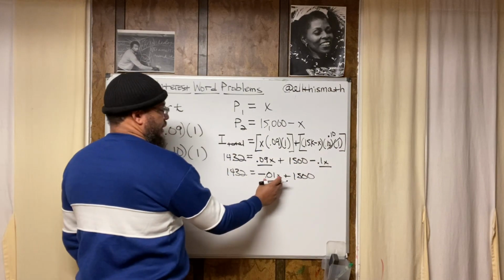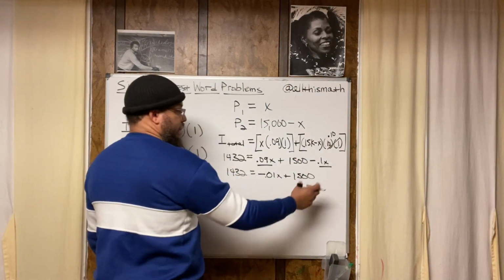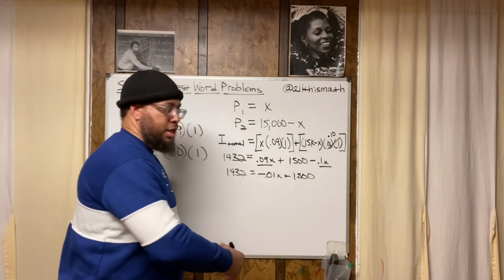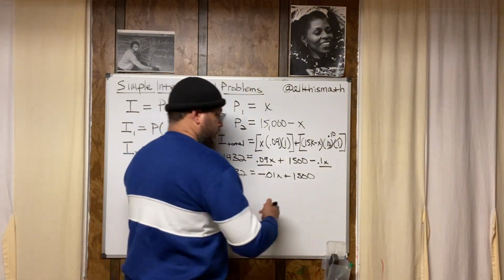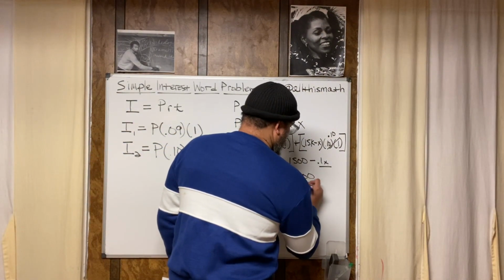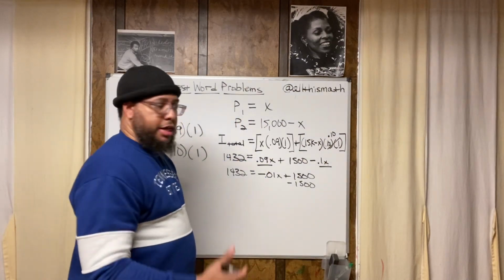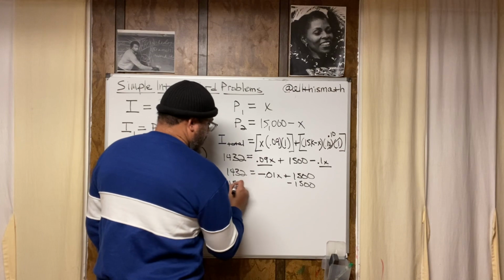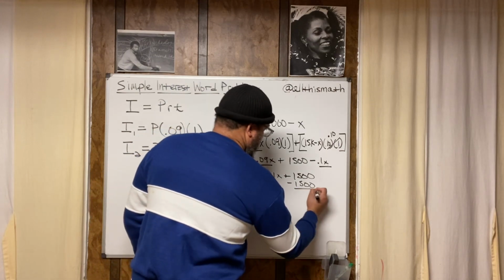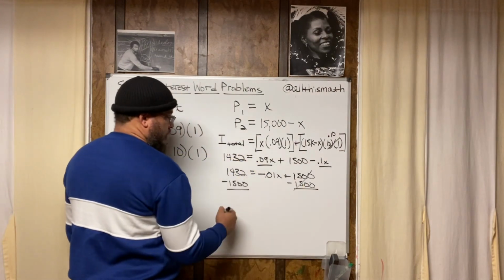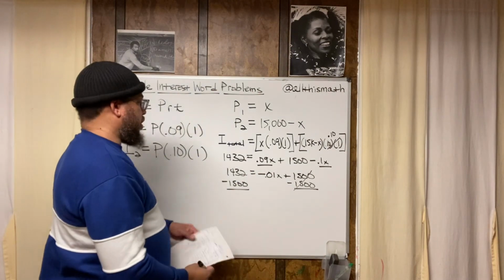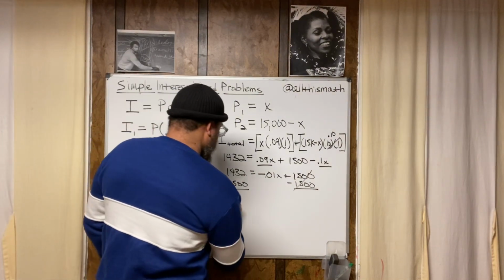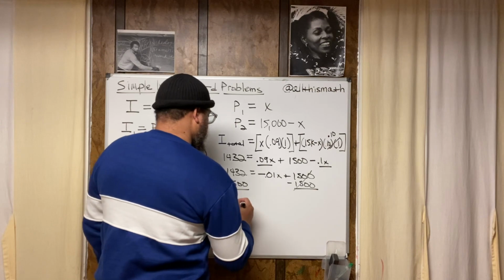I want to isolate this, so I got to get rid of this. I get rid of this by doing the opposite operation. Opposite operation is subtraction. So I'm going to subtract 1,500 on the right side. I got to stay balanced like Maat, ancient Kemet, and all that. And then I'm going to subtract 1,500 on the left side also. Cancel them out because that's 0. And that's what I wanted to happen. So 1432 minus 1,500 is going to be negative, let me see, what's that?